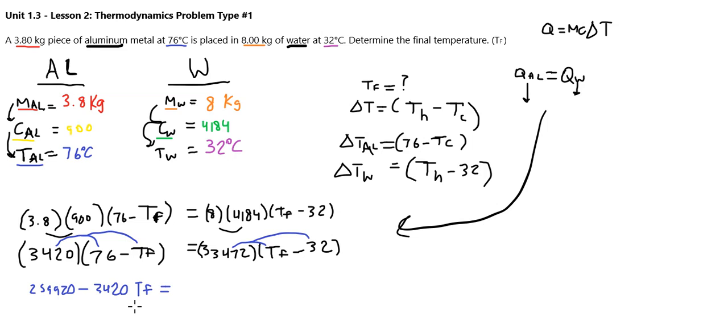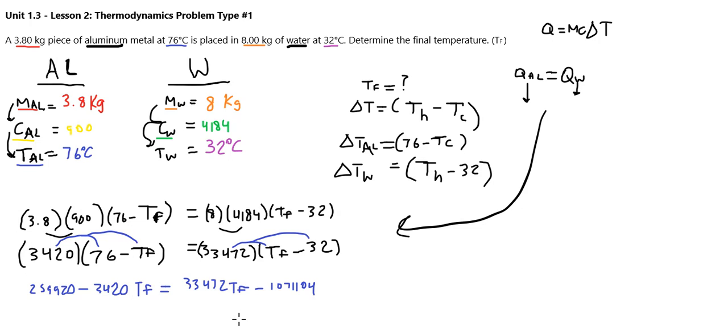Then this side, we multiply 33,472 TF when those are multiplied together. Then we have to do minus because of that, and then we get 1,071,104. Strange numbers, but it will get better.